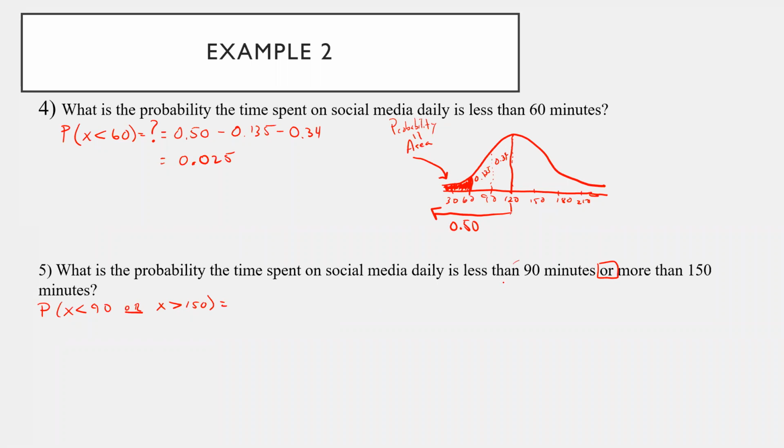All right, let me ask you this. When you see the or statement inside a probability statement, what does it imply? I don't think it implies multiplication. It starts with an A, I'll help you guys though.